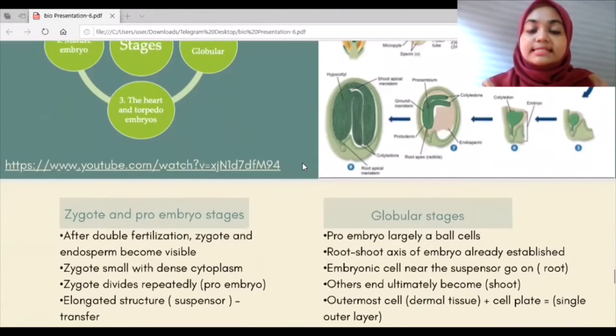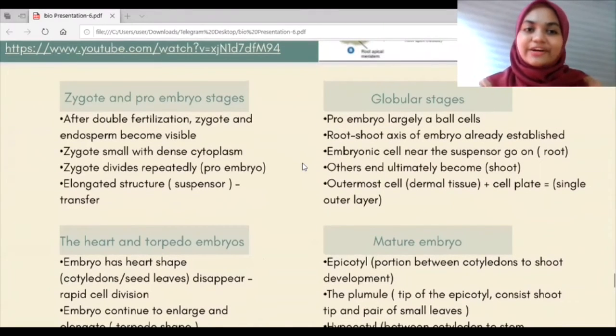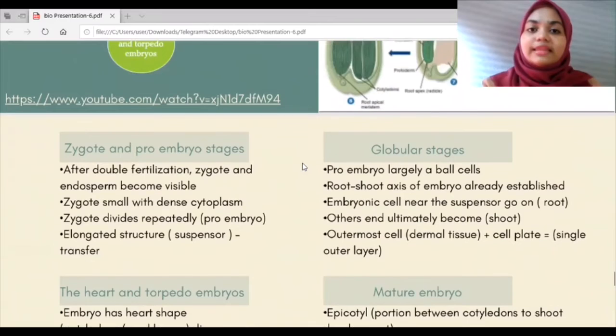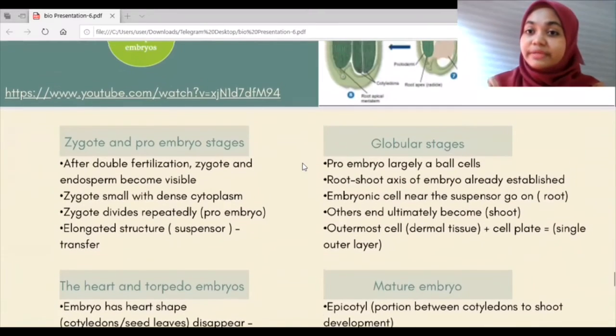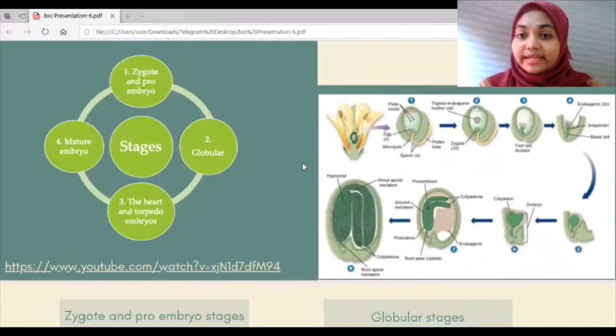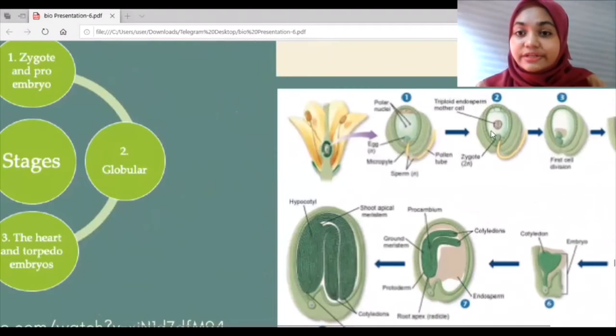Okay, next we go to the first stage, which is the zygote and proembryo stage. After double fertilization, the zygote and endosperm become visible, which we can see in this picture. This is the endosperm and this is the zygote.